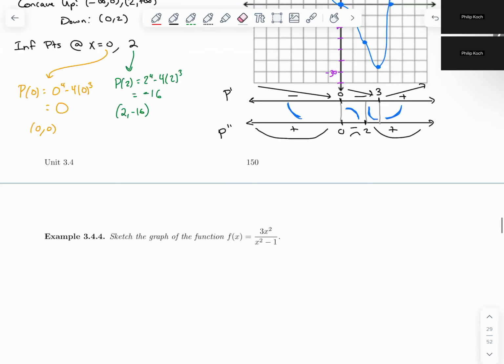For the y-intercept, it's setting x equal to 0, which is the same thing as finding f of 0. F of 0 is equal to 0 over 0 minus 1, which is 0. So we just get the point 0, 0.